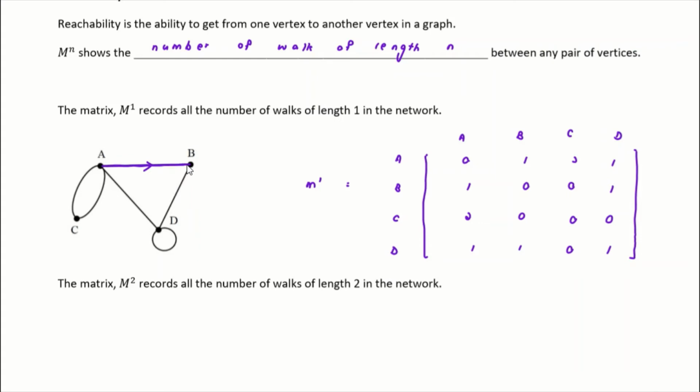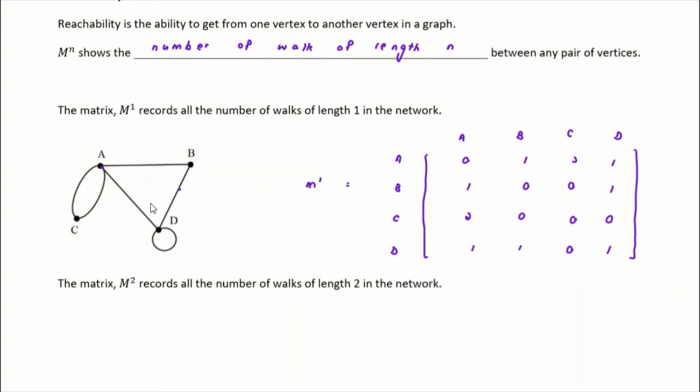So this is length 1. So if we are talking about ABD, it means AB is 1, then BD is 1. So this is a walk of length 2. Okay, so if we are doing about ADBA, then that's 1, 2, 3. So that's a walk of length 3.